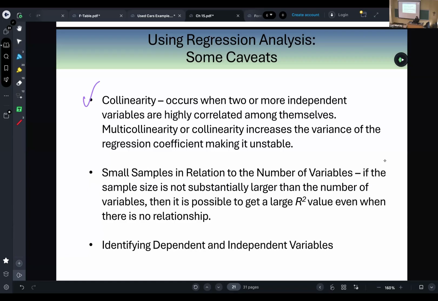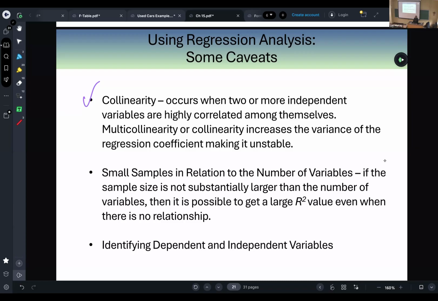Small sample sizes in relation to the number of variables. If you have 26 customers, like we did, you would not want 10 predictors. We call that the curse of dimensionality, because it's too many dimensions for a small number of customers or data points. So you want to be careful with that. The fewer predictors you have, the better.